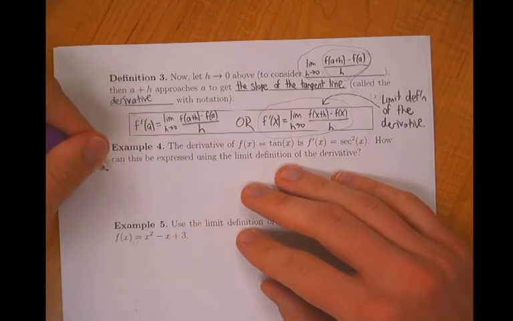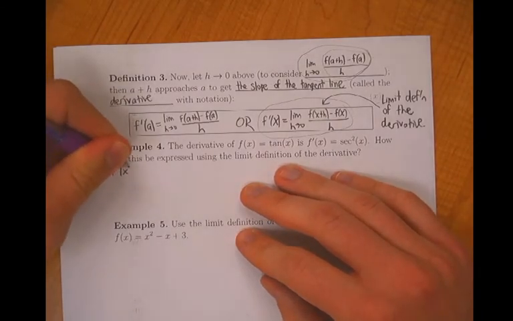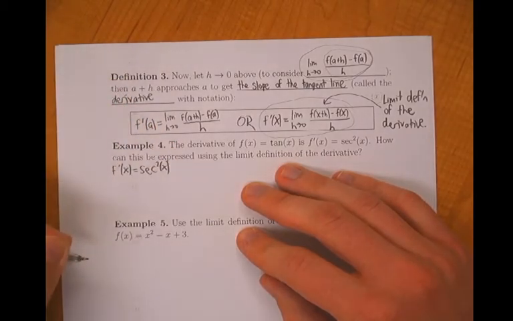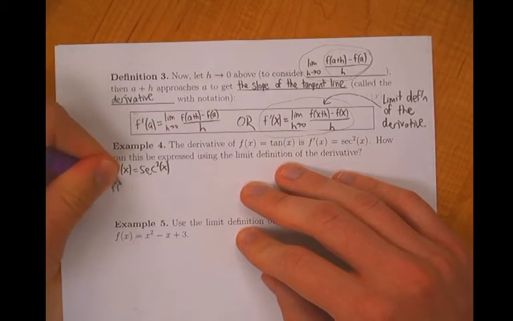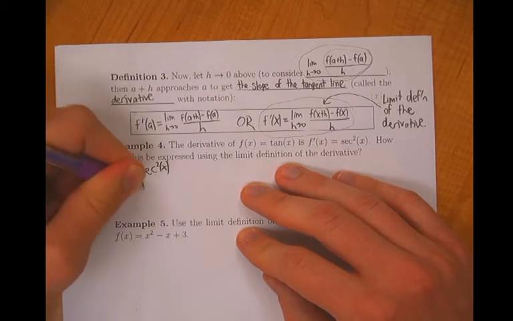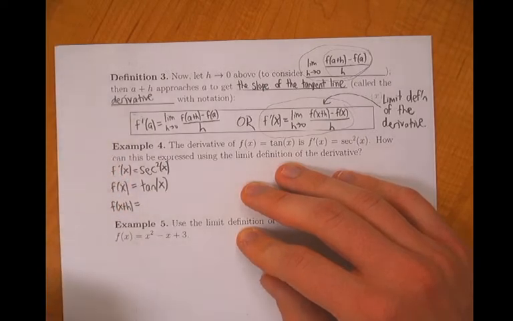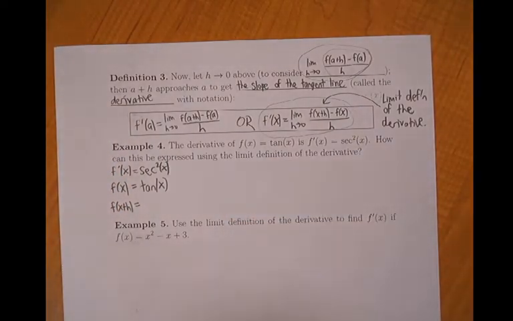We have f prime of x equals secant squared of x, and we already have f of x, as we said, tangent of x. If that's the case, what does that tell us about what f of x plus h equals?